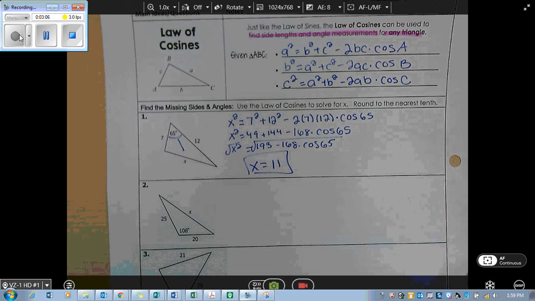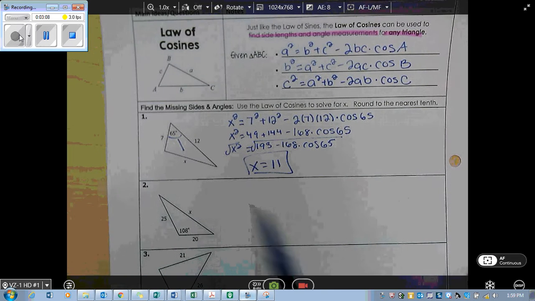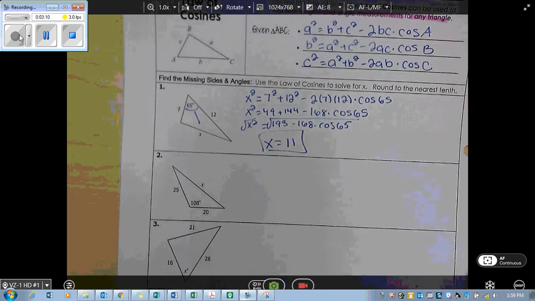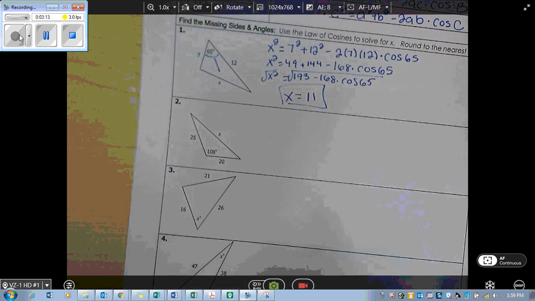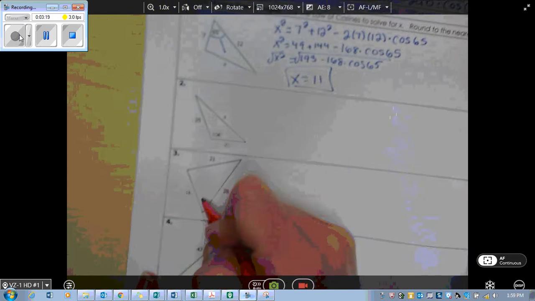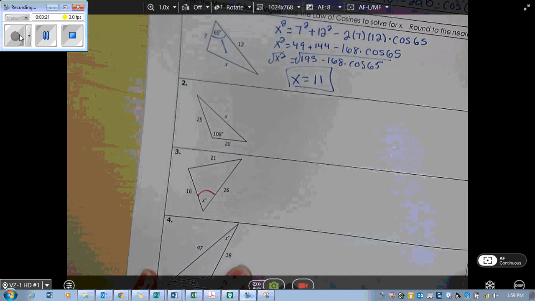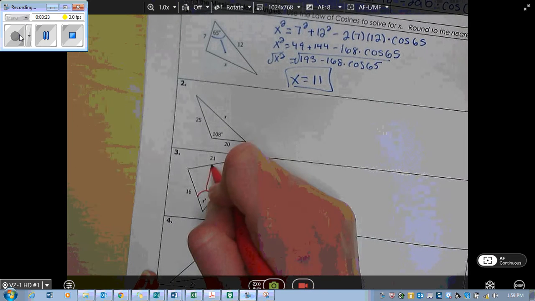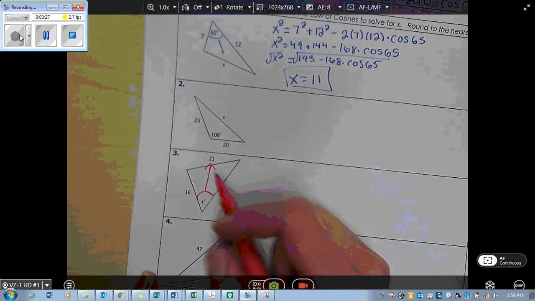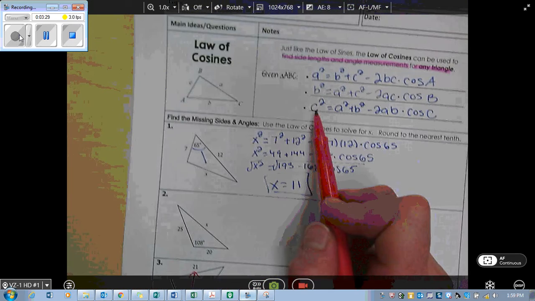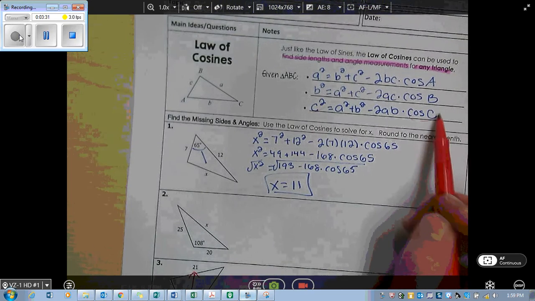Alright, so you say, well, we found the side, but how do we find the angle measure? So the same thing is going to apply here, but we're just going to find the angle instead of the side. So here I see that I'm trying to find angle X, and it's corresponding to this 21 for my side. So I'm still going to say, we know that the side isolated corresponds with the angle.